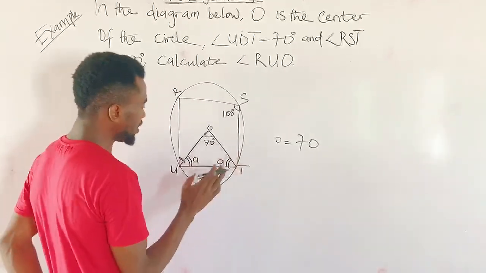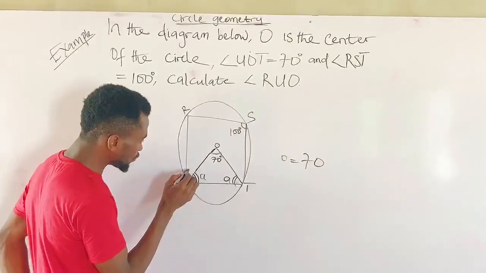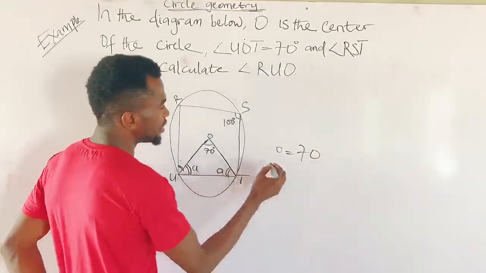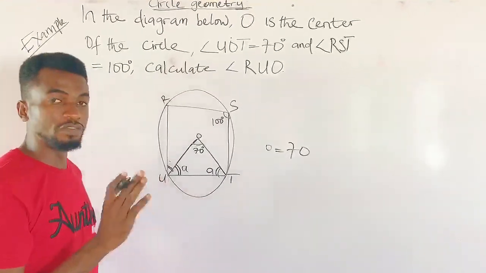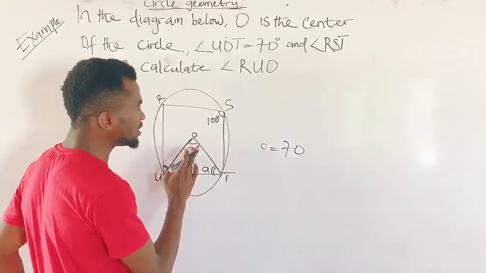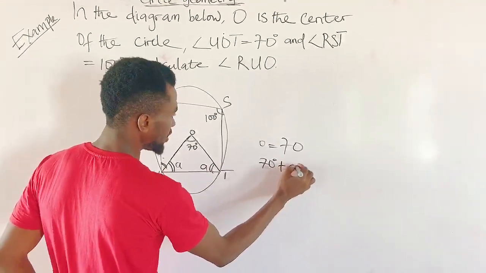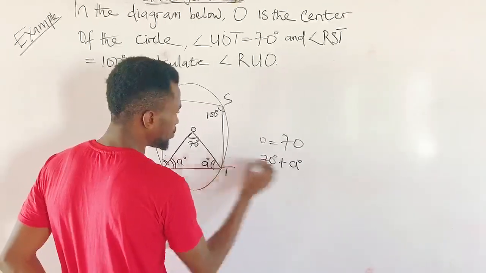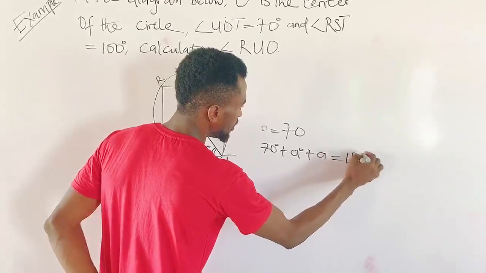Alright, so from there, my aim is to get this angle so that I'll be able to look for this angle. Alright, so now let's add all the angles in the triangle, sum of angles in the triangle to give us 180. If I were to add these angles, we will say 70 degrees plus A degree, this A, plus the other A, this A, is equal to 180.